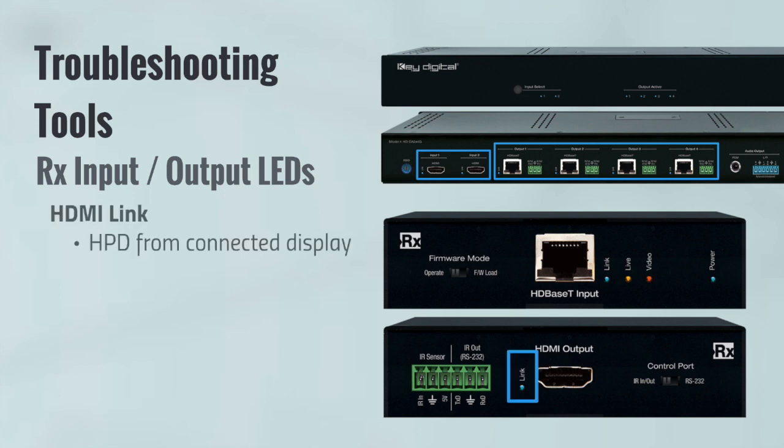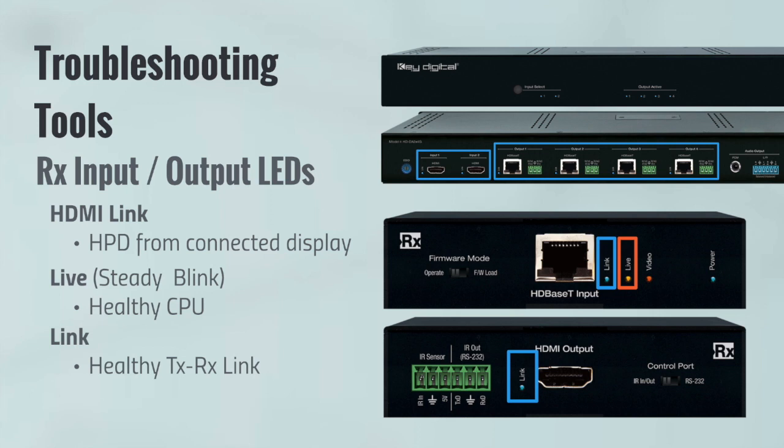Beside the HDMI output port, your HDMI link light illuminates solid when you have hot plug detection from a connected display. The amber live light will blink steadily, indicating a healthy CPU state of the unit. If it is off or illuminated solid, then that means the RX unit has somehow locked up.